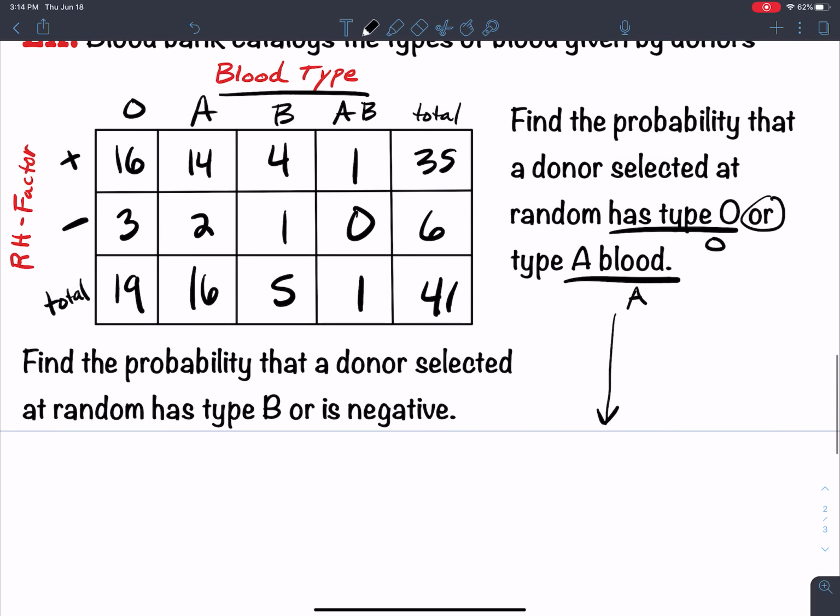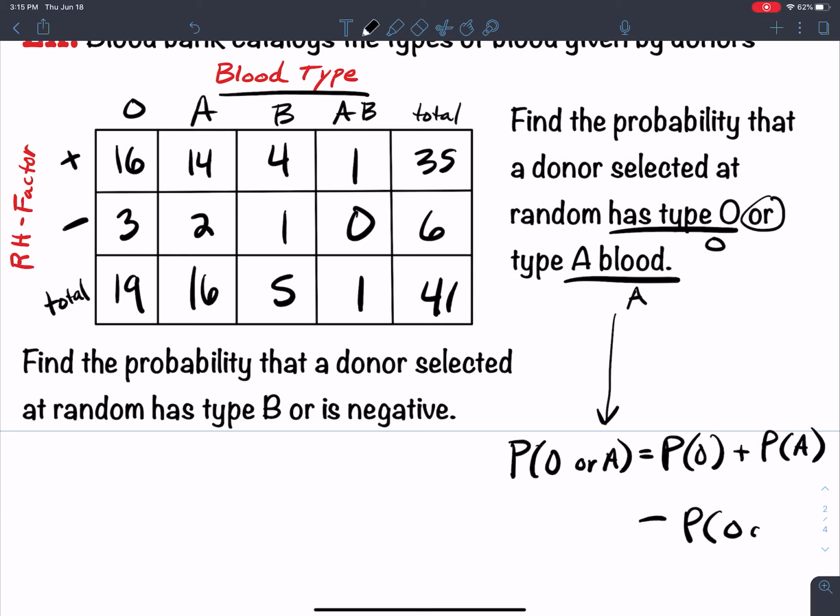What would this be? This would be probability of O or A equals the probability of O plus the probability of A minus the probability of O and A.